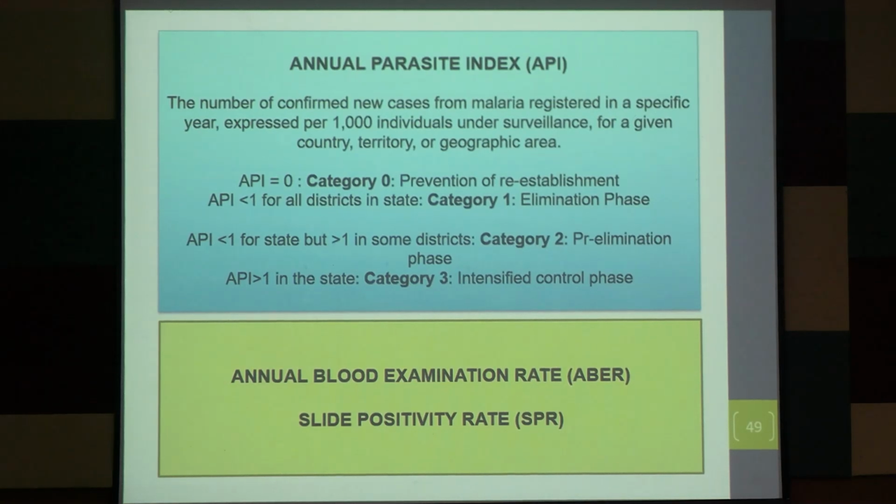It might ask, okay, what is the definition of annual parasite index, what is the importance of annual blood examination rate, and what is their significance. It is written in your Park book. Okay, please read those lines. What is a performance indicator? Which indicator is used to evaluate the program? It might be asked. Okay.